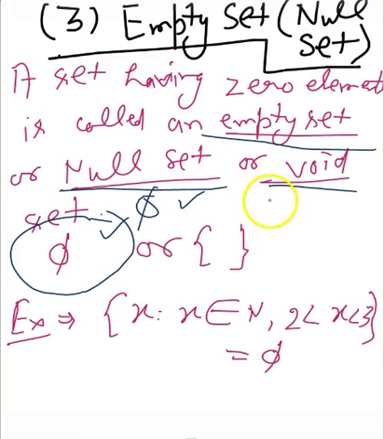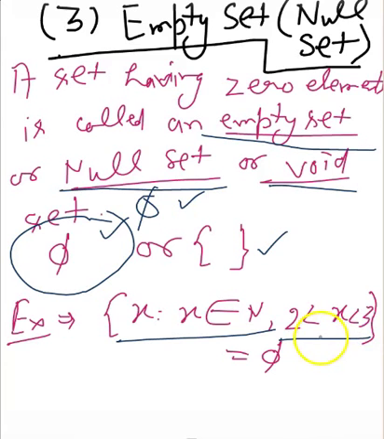So phi is known as an empty set, and if you want to describe it in the roster method, then you need to write it like this: curly braces with no element. So this is called an empty set. Say for example, there is a set X such that X is a natural number which lies between 2 and 3.